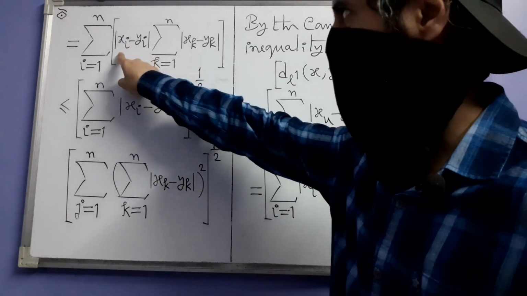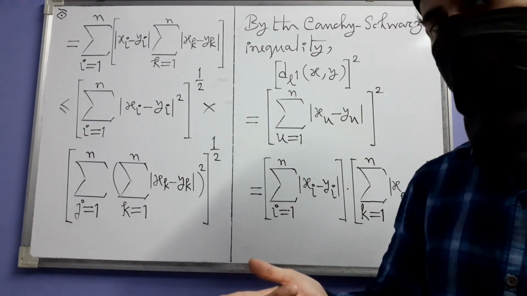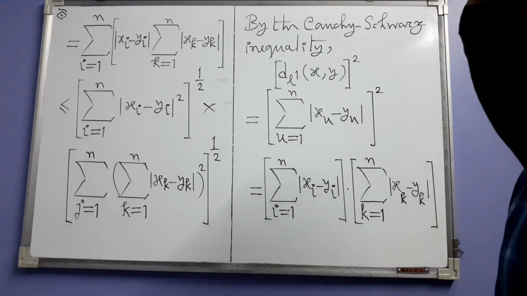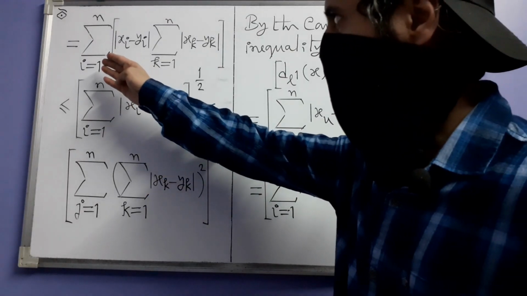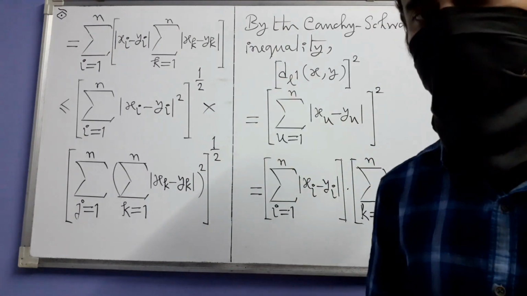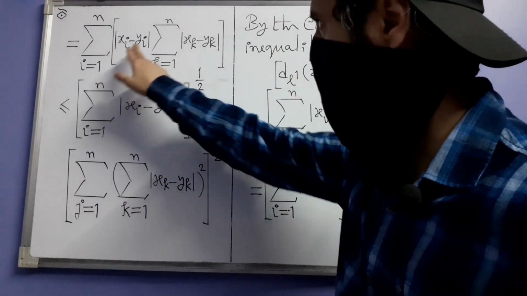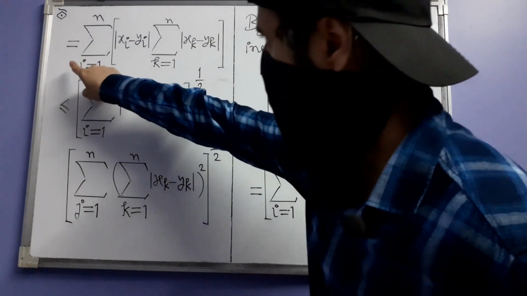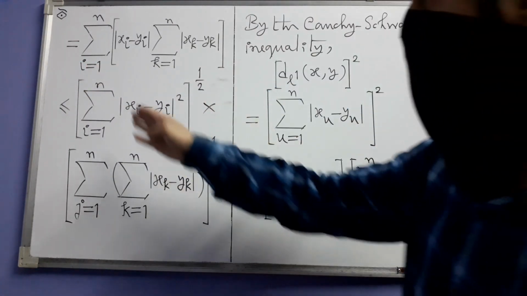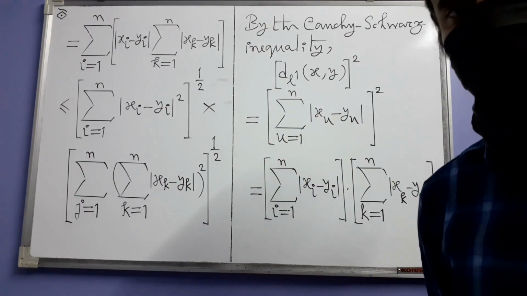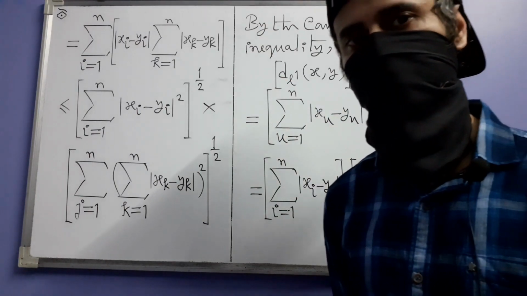So this is with mod x_1 minus y_1, mod x_2 minus y_2, all the way up to mod x_n minus y_n. Now, is there any negative number involved anywhere in this? No, because we have absolute values everywhere. So in place of this sum, we can actually also imagine absolute value. And this is where you can use the Cauchy-Schwarz inequality.